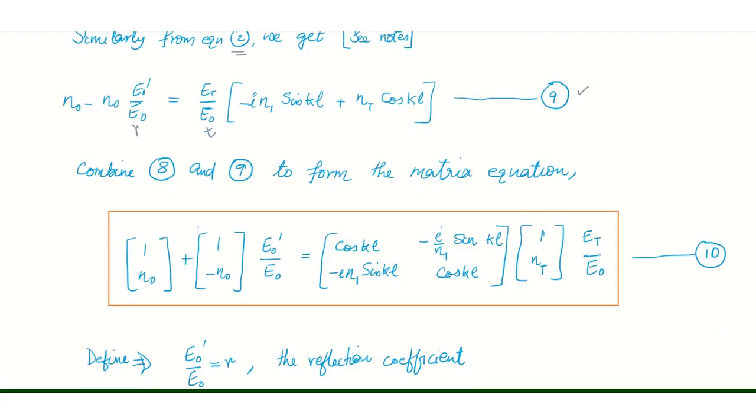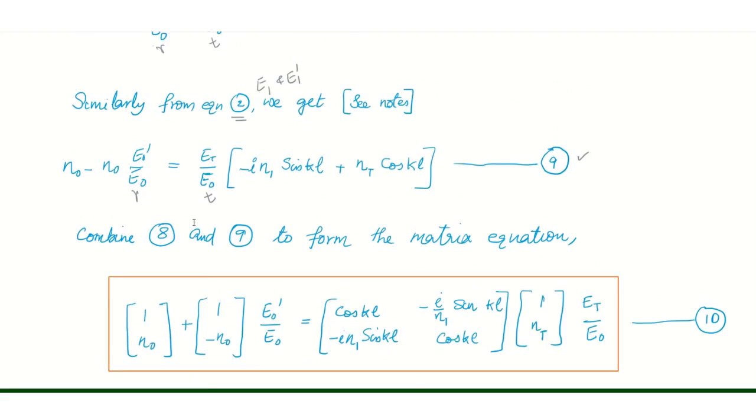Now you have two equations. You can make it a matrix in the matrix form, simply by looking at the two equations. The first row will be 1 times E0 over E0 prime equal to cos KL minus nt over n1 sin KL times Et over Ez, and similarly for the second equation.